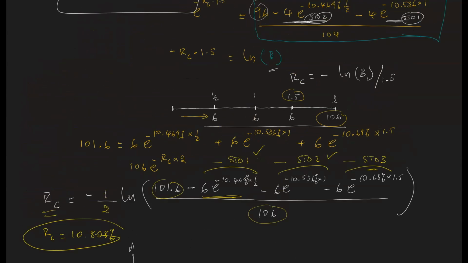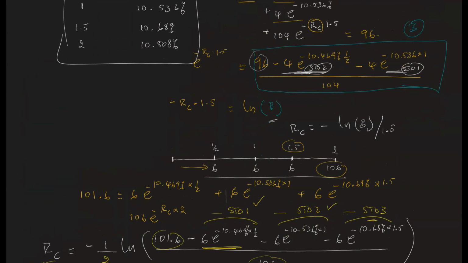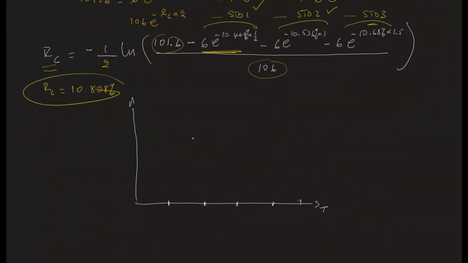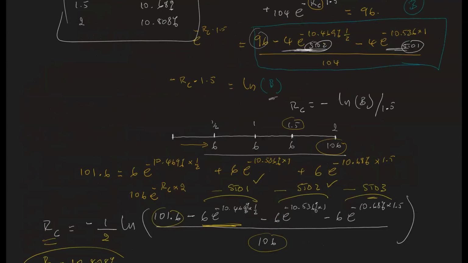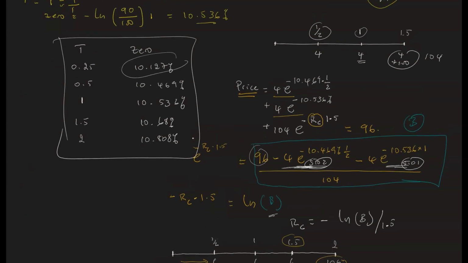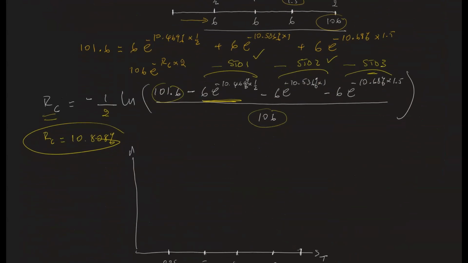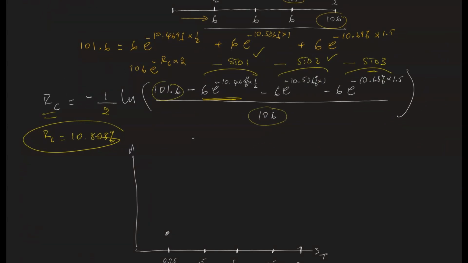For half a year, or actually I have a quarter of a year, so let's put 0.25, 0.5, 1, 1.5, and then 2. For 0.25, I have 10.124, so let's say it's about there.